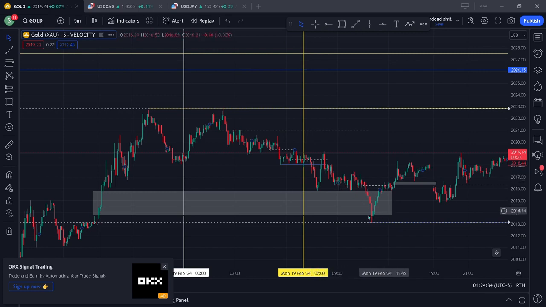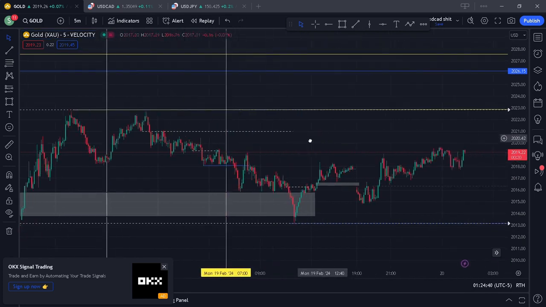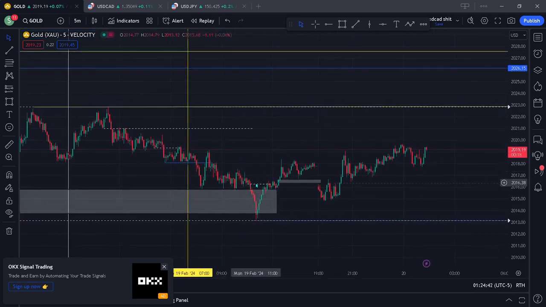We went in and we filled in that gap. Immediately after filling that gap, price broke all the way onto the upside, and you're going to wait until price takes out this high right here. So price makes a low, makes a high, makes a small low, breaks up higher, but this was the high that I was waiting for to be taken advantage of.